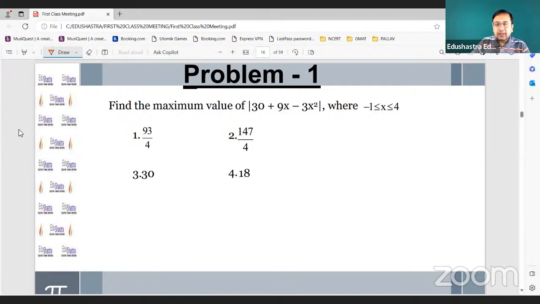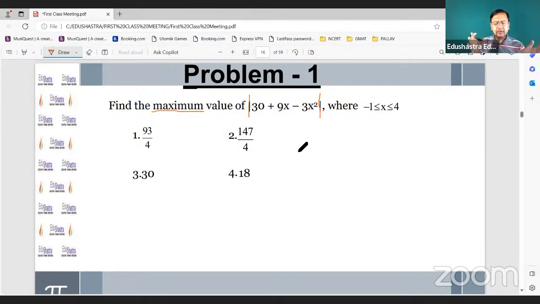See this. This is saying what is the maximum, right? So we are talking about something maximum, minimum, which is one concept in algebra. Then we have these two vertical bars, right? These are the modulus. It always gives the positive value, whether the value inside the modulus is positive or negative.